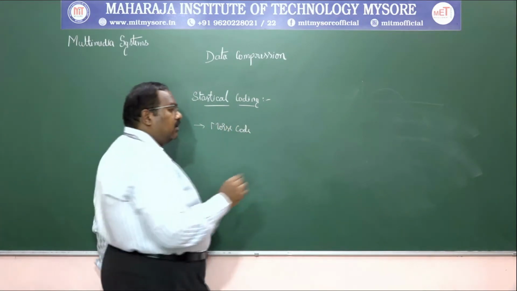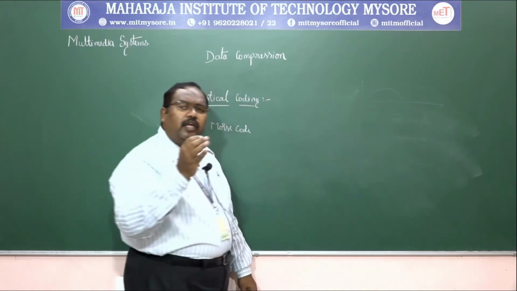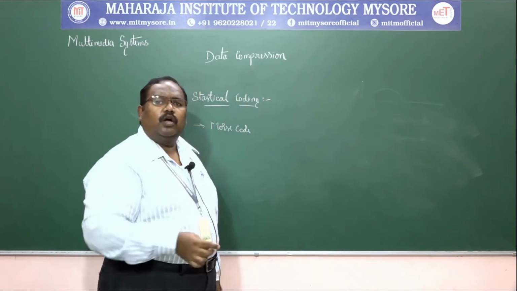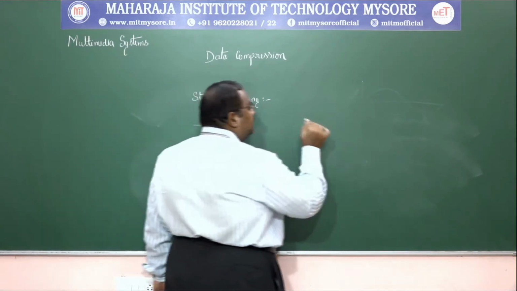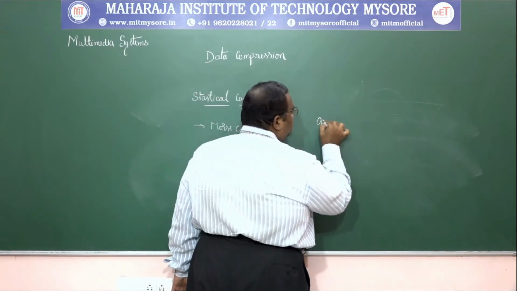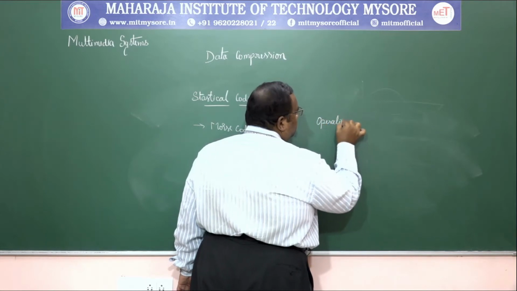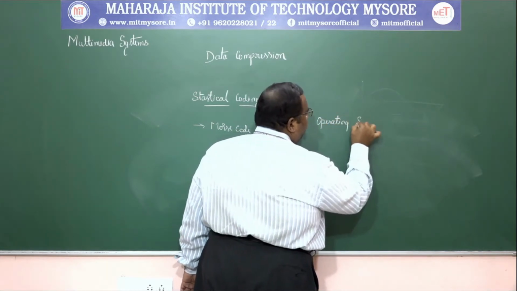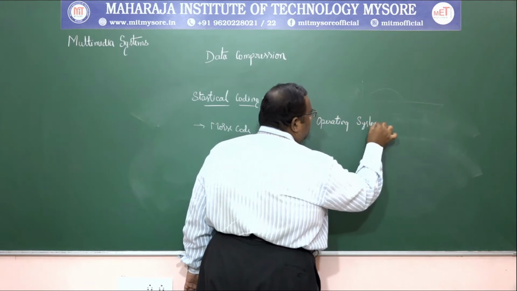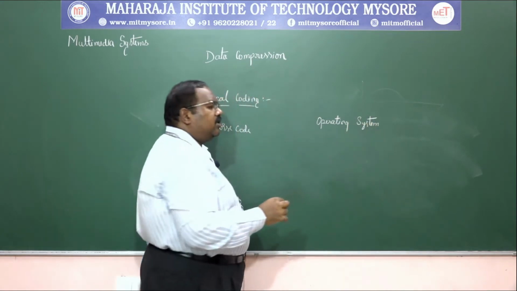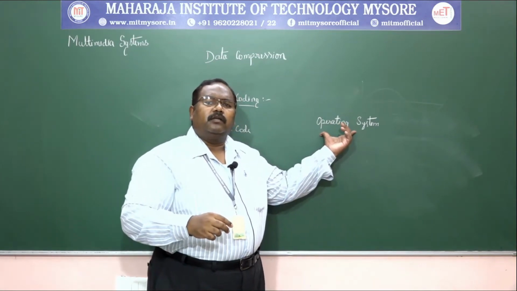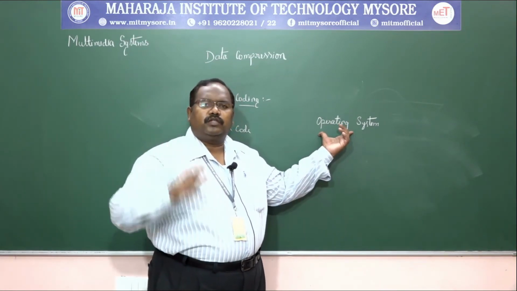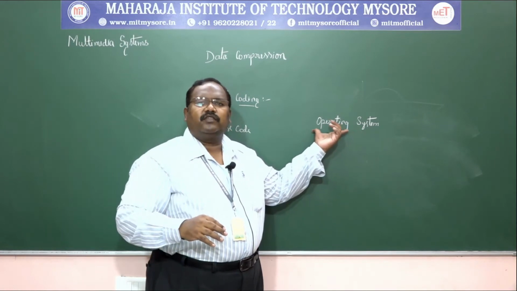Suppose we are talking about the subject called operating system. When you talk about the operating system, the words operating system might be repeated in a text document hundreds or thousands of times, because the topic itself is operating system.